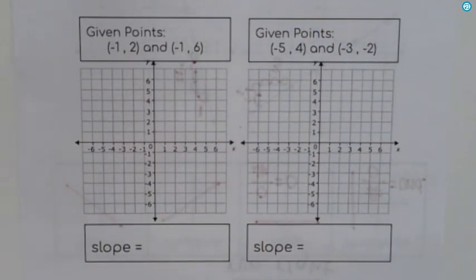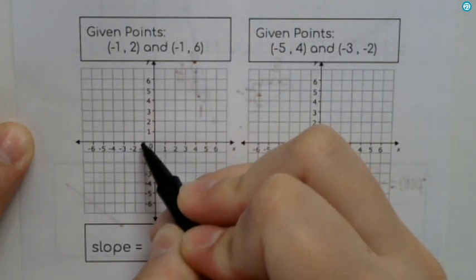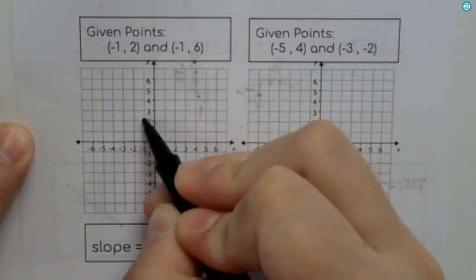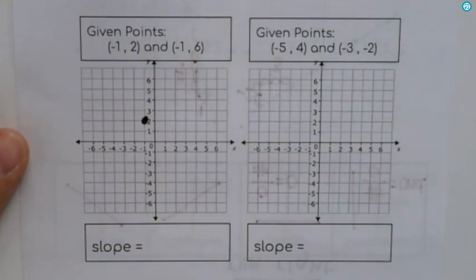Hey, -1, 2. -1 in my x coordinate spot tells me to go left 1. So I always start at 0, 0. I'm going to go left 1, and I go up 2, and I put a dot. -1, 6 means I start at 0, 0.